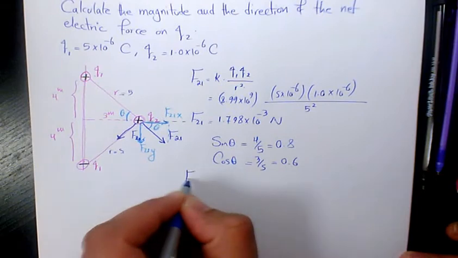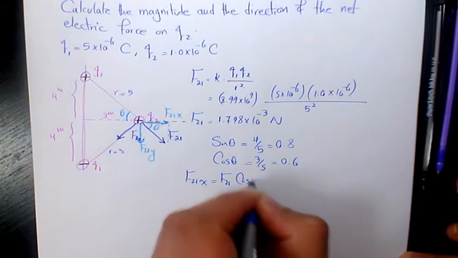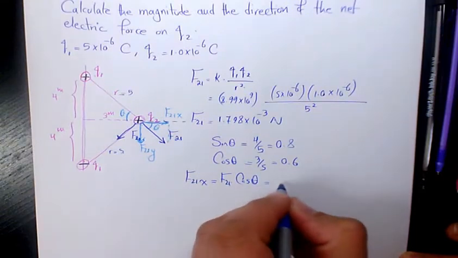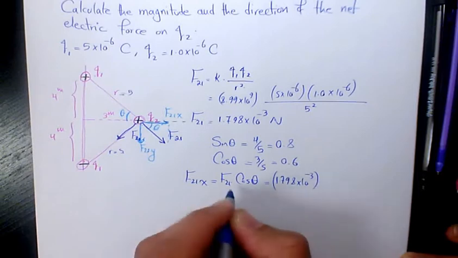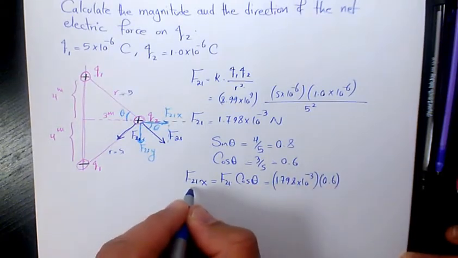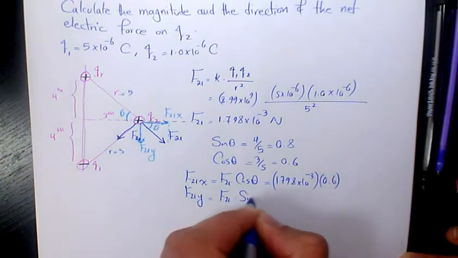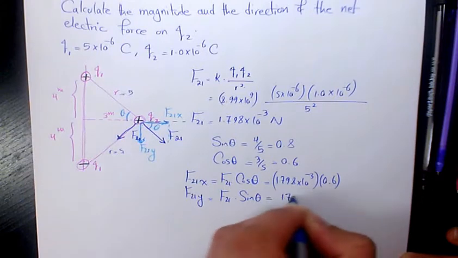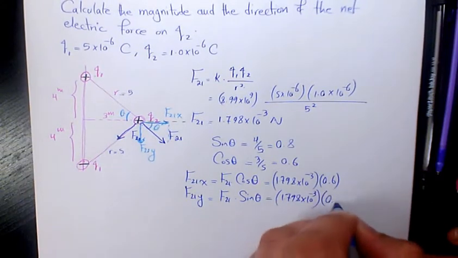So F21x is F21 cosine theta, which is 1.798 times 10 to the power of negative 3 times cosine theta, which is 0.6. And we have F21y, F21 sine theta, equals 1.798 times 10 to the power of negative 3 times 0.8.